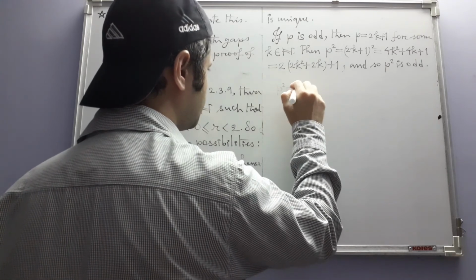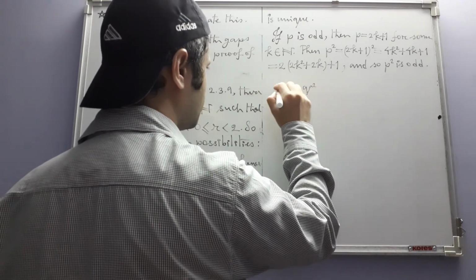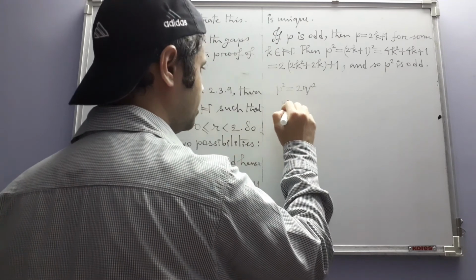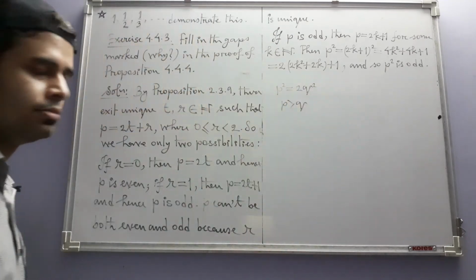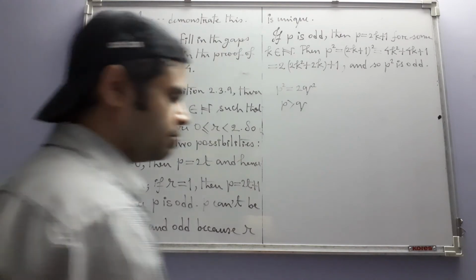And in the final why, the third why, we have been asked to show that from the equation p squared equal to 2q squared, one can conclude that p is greater than q. That's what we have to show.